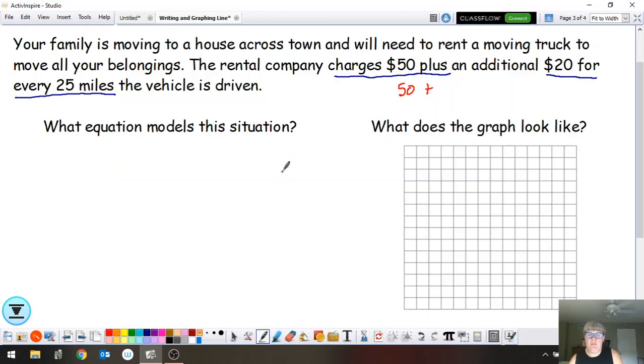So that gives me a rate. So I'm going to make a note here that my rate equals $20 for 25 miles.